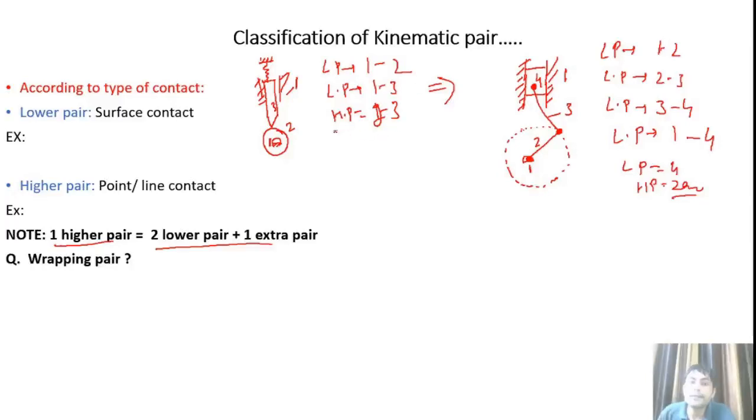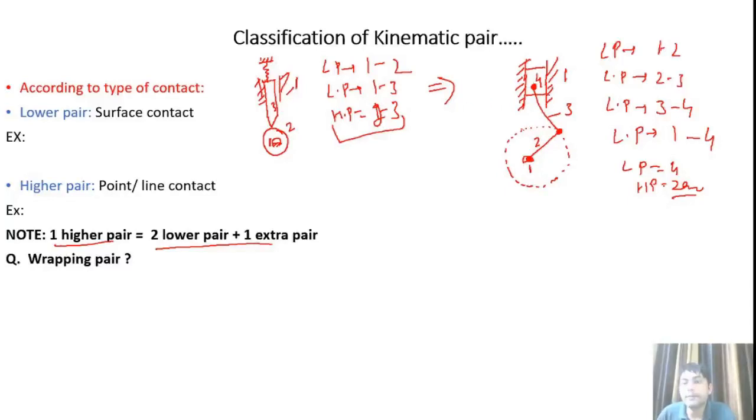We replaced this higher pair, and the output obtained is the same, because when this cam rotates, there is a reciprocating motion of this follower. During one moment the spring will compress and then it will extend.